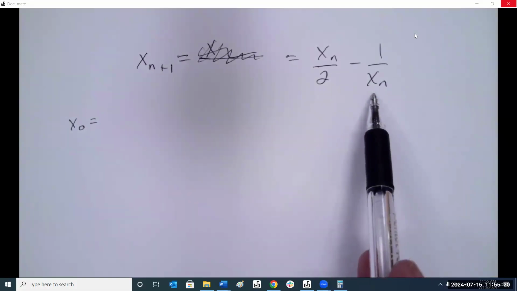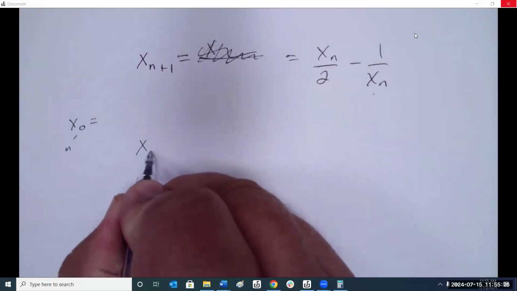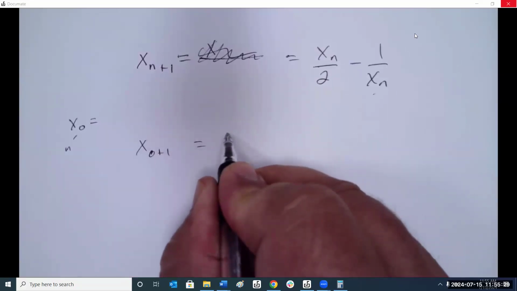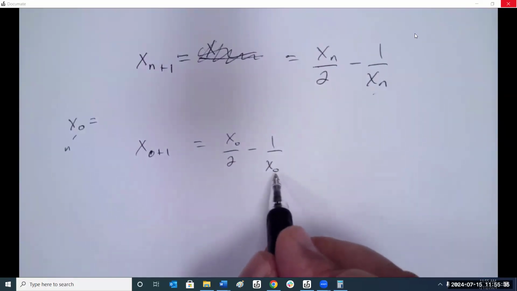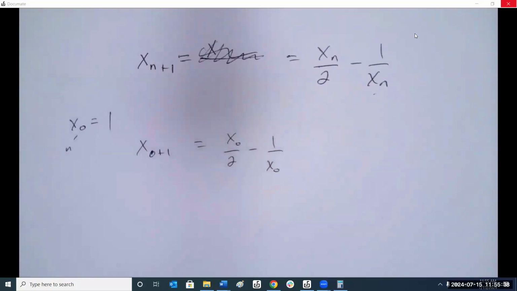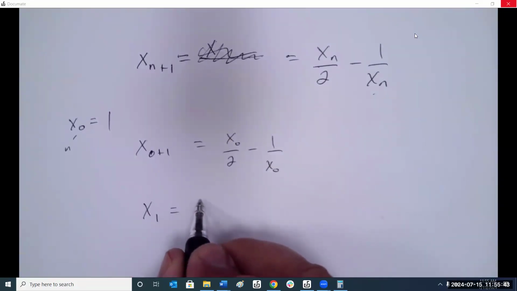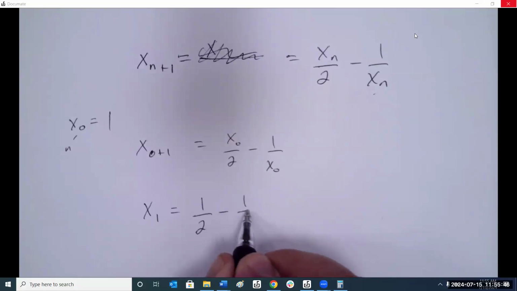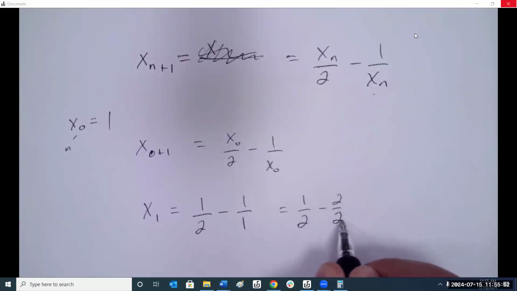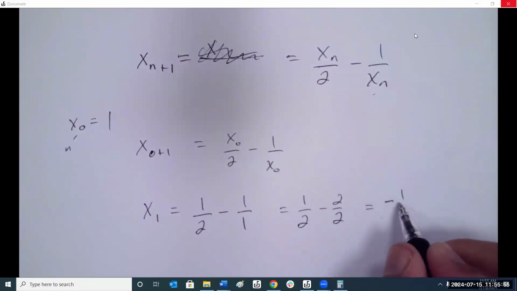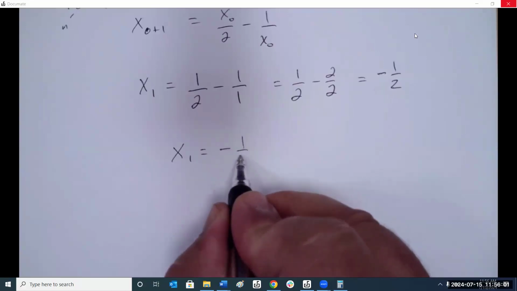We cannot use 0, because when this is our n, we're looking for x sub 0 plus 1 equals x sub 0 over 2 minus 1 over x sub 0. So we cannot use a 0 on this initial one. So let's start off with a 1. So x sub 1 is equal to 1 over 2 minus 1 over 1. So x sub 1 will equal negative 1/2.